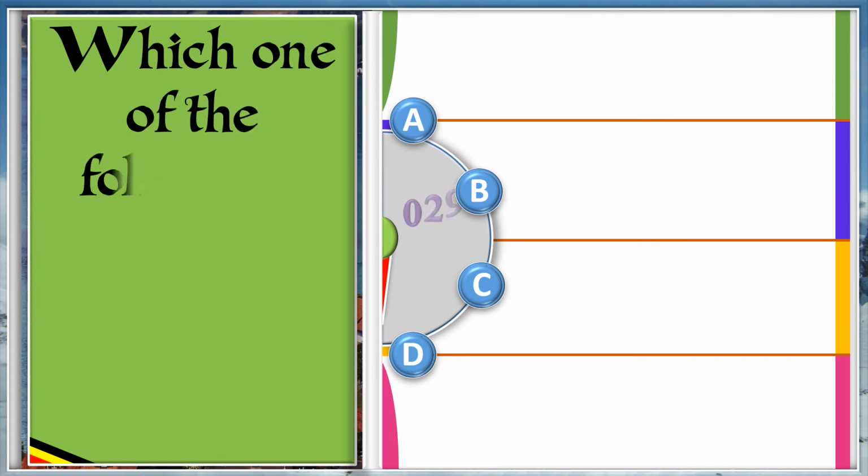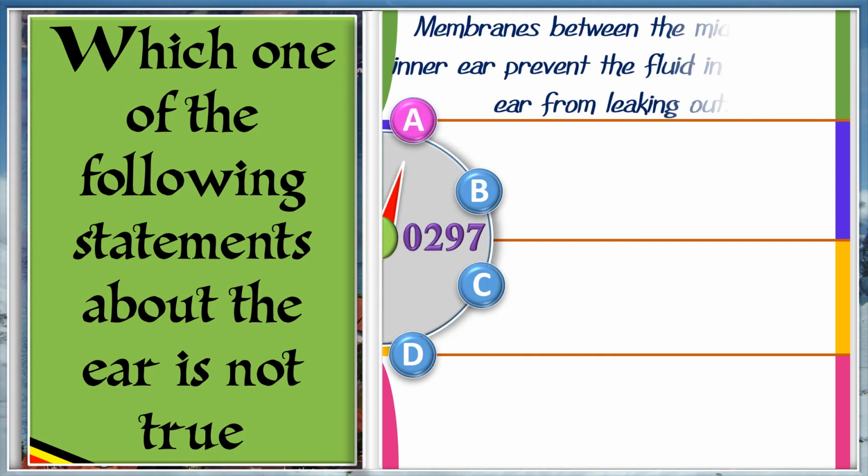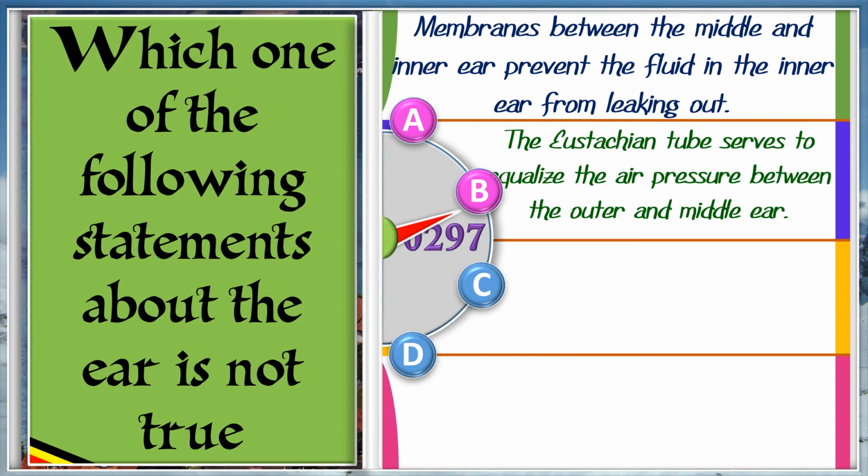Which one of the following statements about the ear is not true? A, membranes between the middle and inner ear prevent the fluid in the inner ear from leaking out. B, the eustachian tube serves to equalize the air pressure between the outer and middle ear.